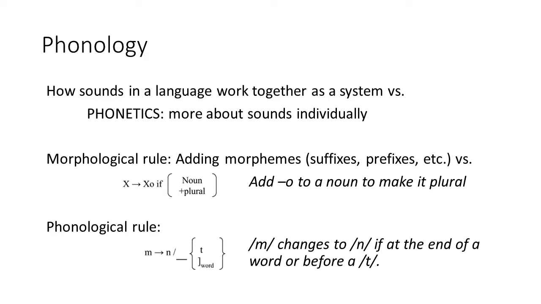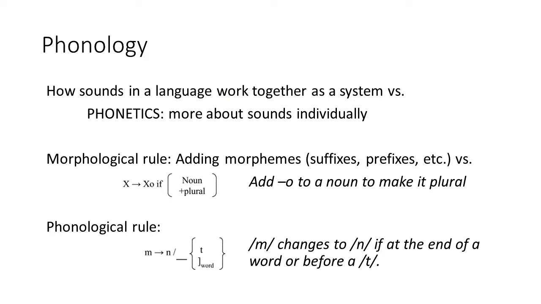So basically a phonological rule looks like the very first symbol you see is the target symbol. In this case, it's M. Now, after the arrow indicates change. So the thing that comes after the arrow is what the sound now turns into. So here, an M turns into an N.